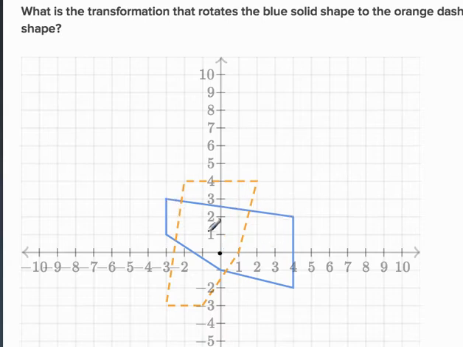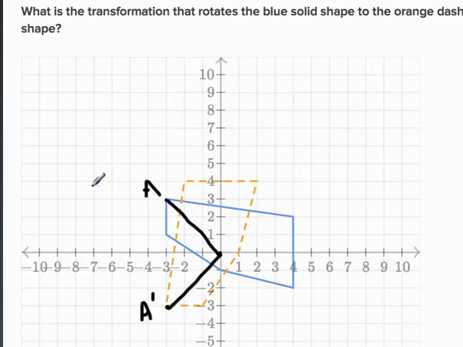So if I take, I don't know, this point right here and draw it to my center, that's going to map this guy right here. Boom, boom, boom. So I draw it back out to that guy. That's going to be A prime. And again, I'm picking that out just because I'm looking at the blue shape, looking at the orange, and I'm reasoning in my head it's got to map to that.